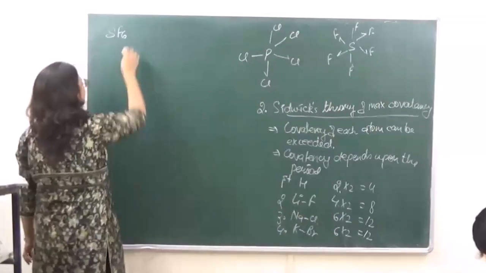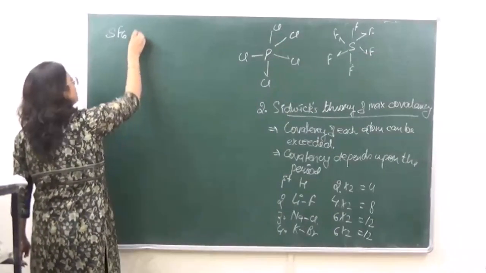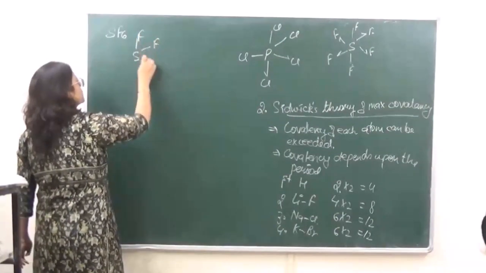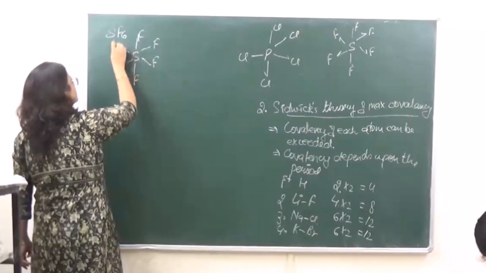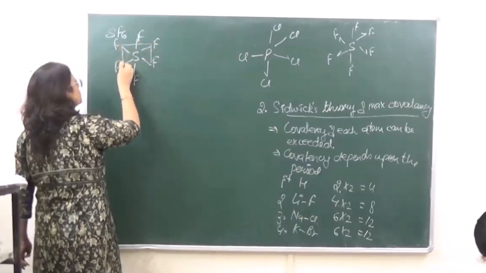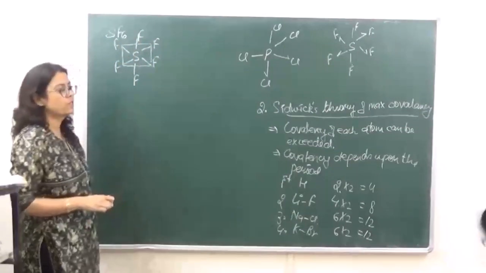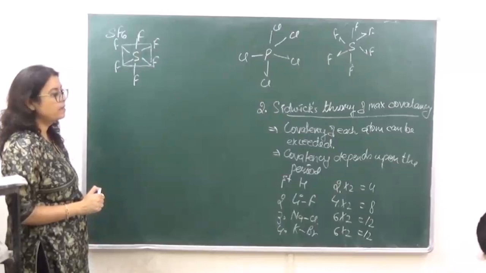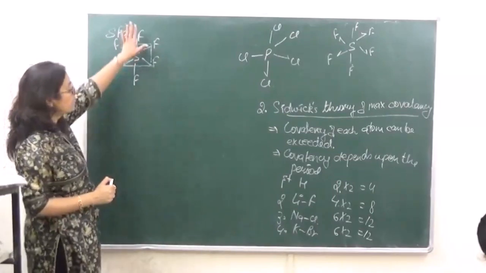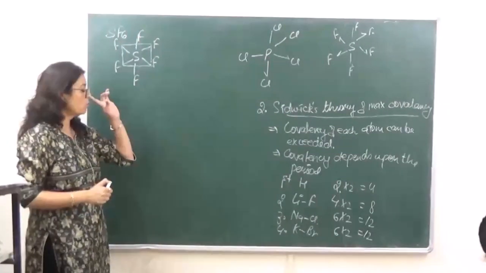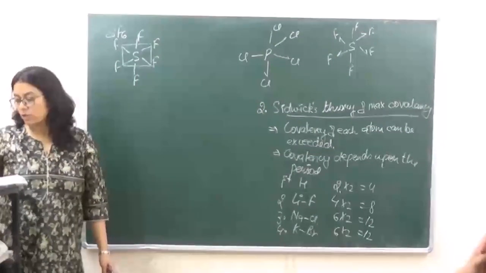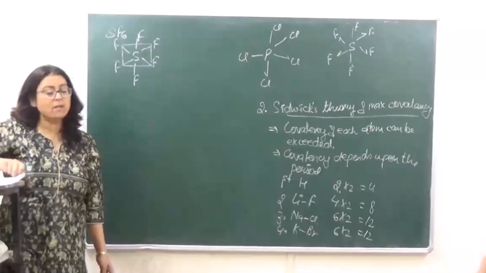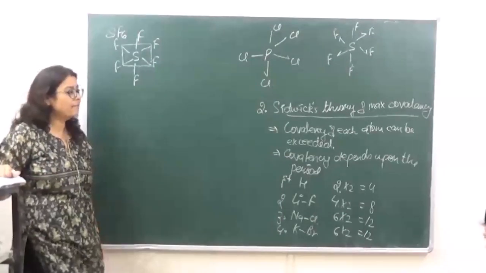So here when we are looking at the structure, this is going to be the structure for SF6. The maximum covalency that it can have is 6, and it can have 12 electrons.